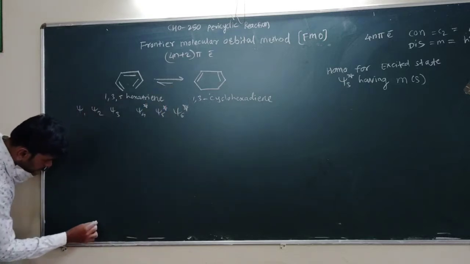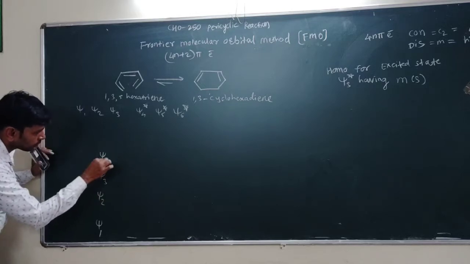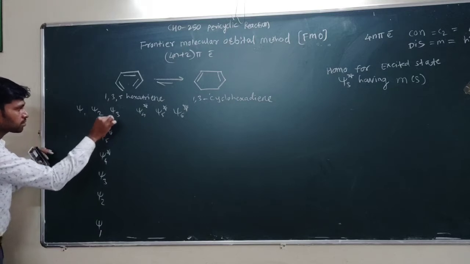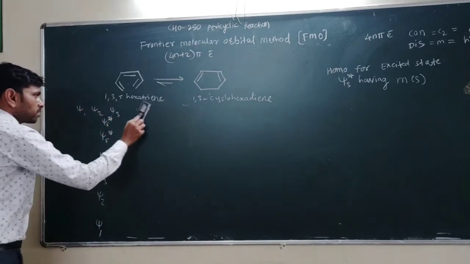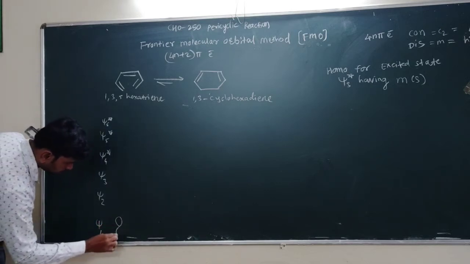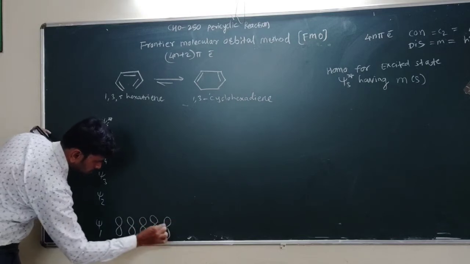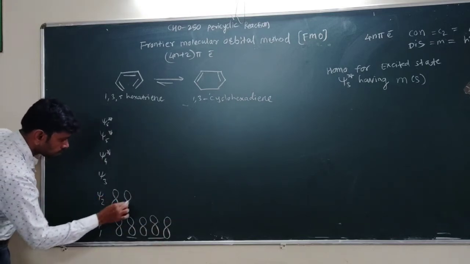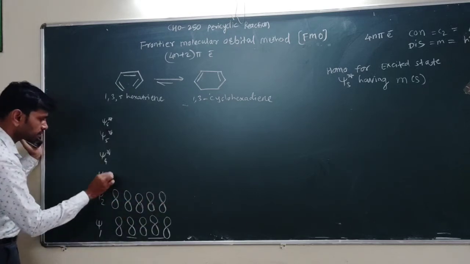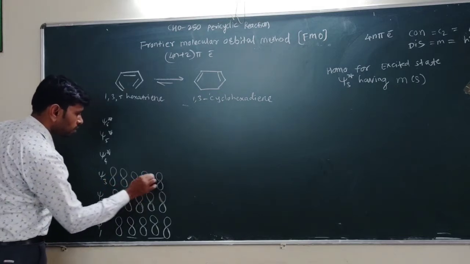Now draw these orbitals: Psi 1, Psi 2, Psi 3, Psi 4 star, Psi 5 star, and Psi 6 star. So 6 orbitals we have to consider here. Starting with 6 atomic orbitals, similarly draw as we draw in the correlation diagram method: 6 atomic orbitals, 6 molecular orbitals.